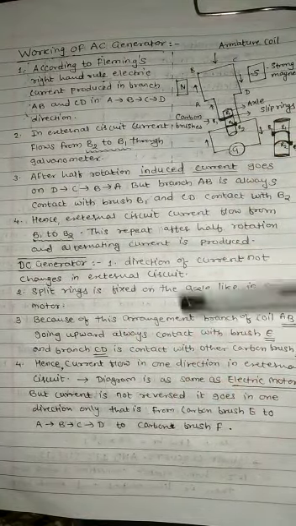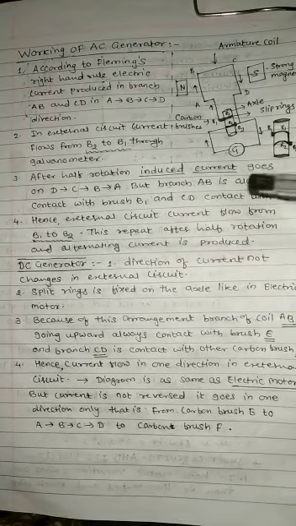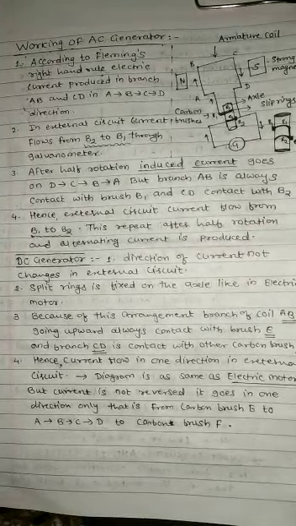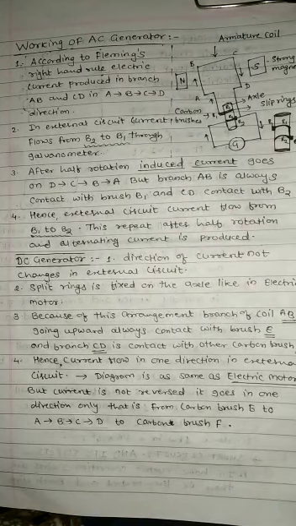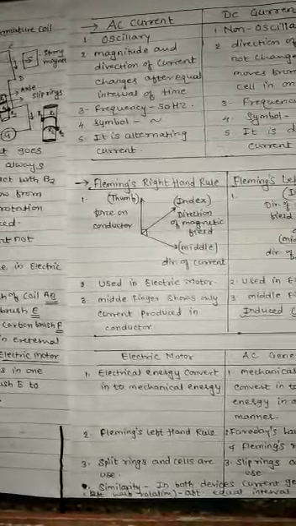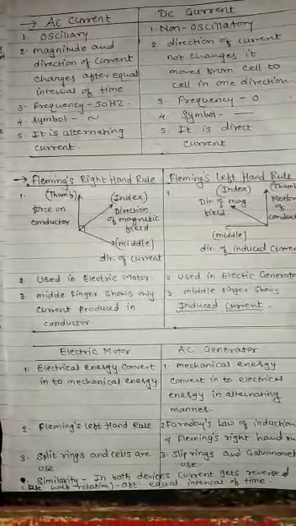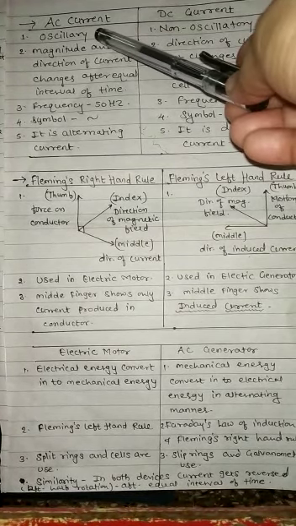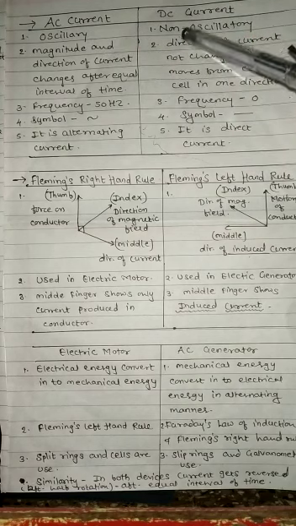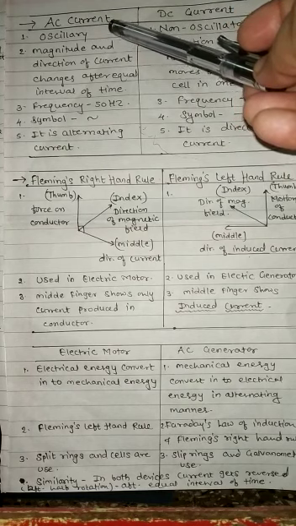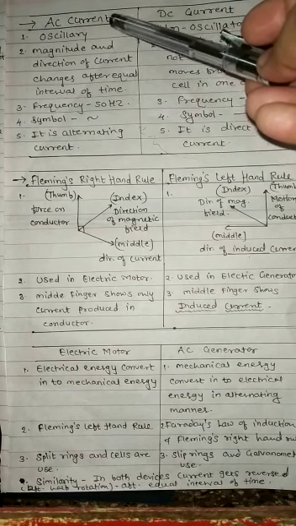Next, if you want to write down the difference between AC current and DC current, which you have to study last time, then you have to write down the points of difference between AC current and DC current. AC current is oscillatory, DC current is non-oscillatory. Oscillatory means moving, it is not stable, it is continuously moving, zigzag.